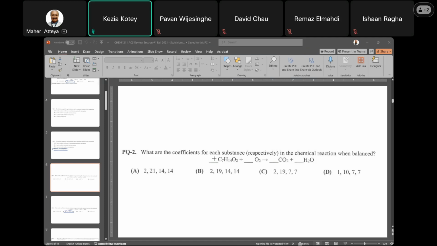B. 7. So this is 7. Then you have to put 7 here. Hydrogen is 14. This is another 7 here. Correct? So you can calculate the oxygen. We balance carbon and hydrogen. Now oxygen is 14 and 21, so this will be 19 over 2.